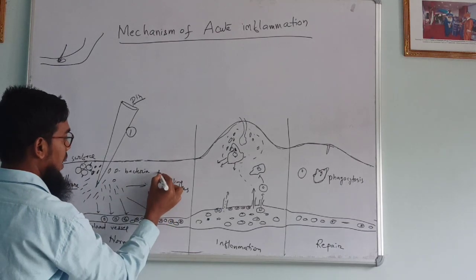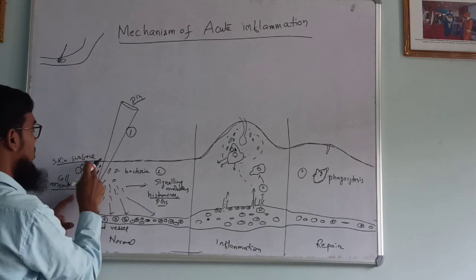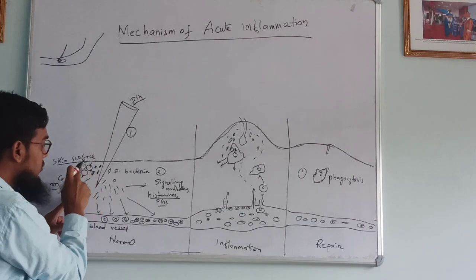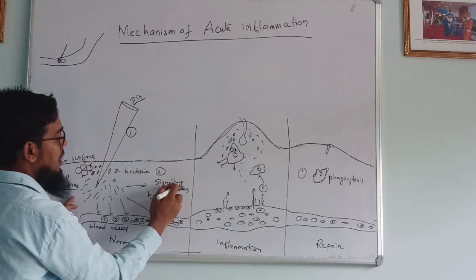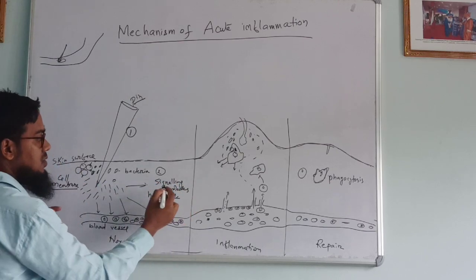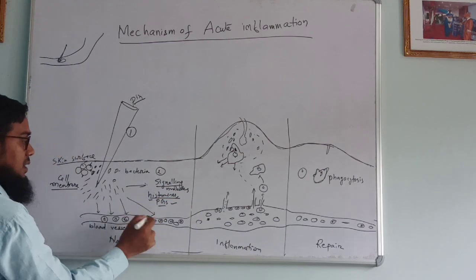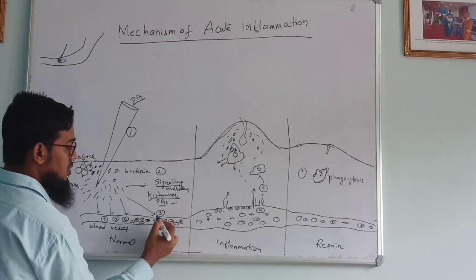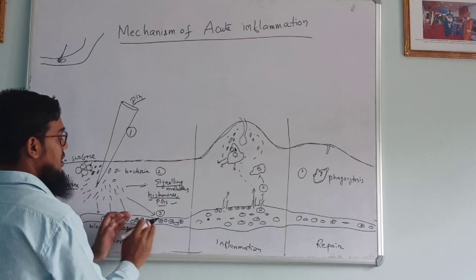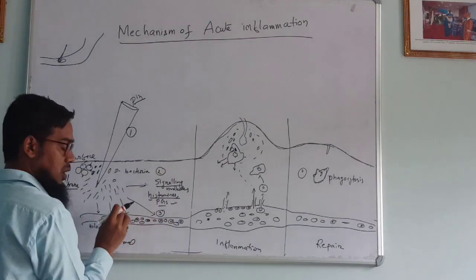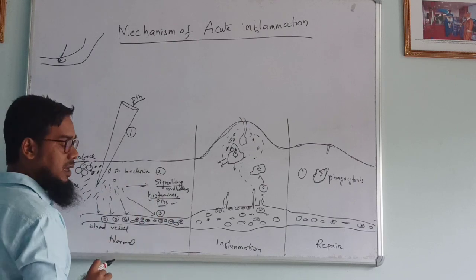Number two, due to this injury or infection, some tissue is damaged, and the tissue releases signaling molecules, which are histamines or prostaglandins. Third, these signaling molecules act on the blood vessels, which are arterioles or capillaries, carrying the blood circulation to this area.